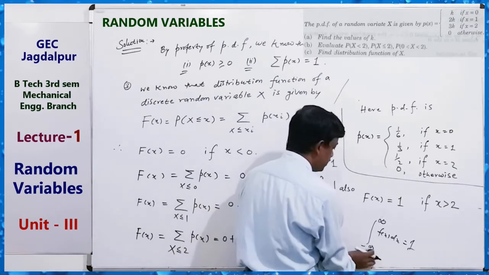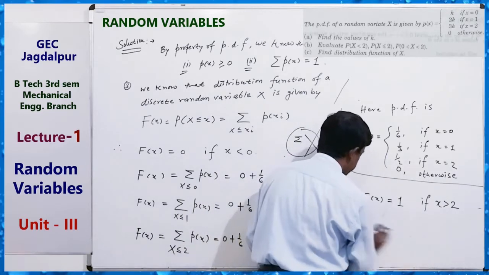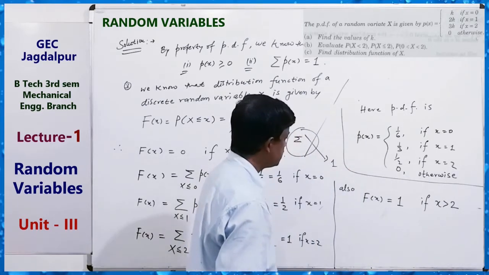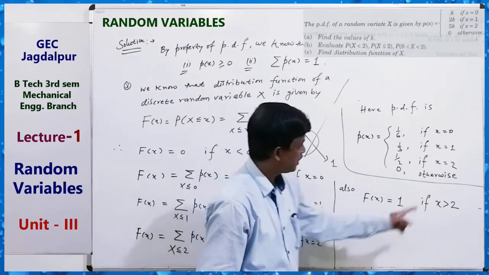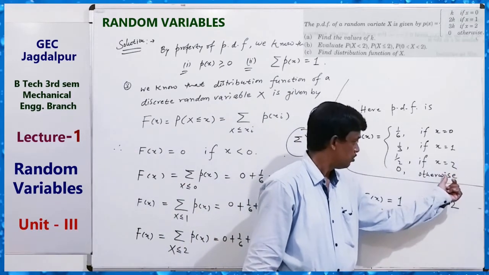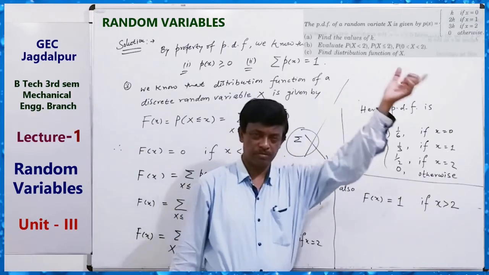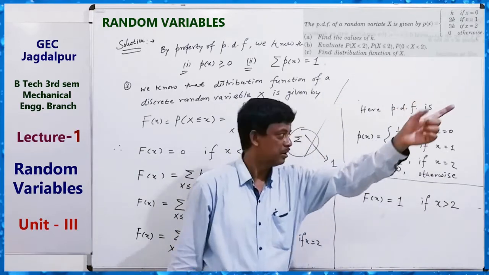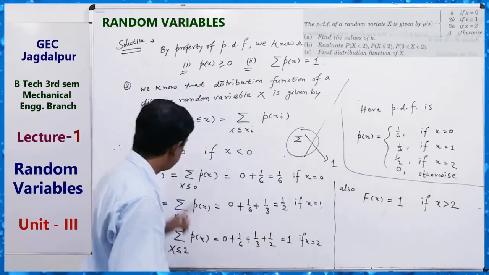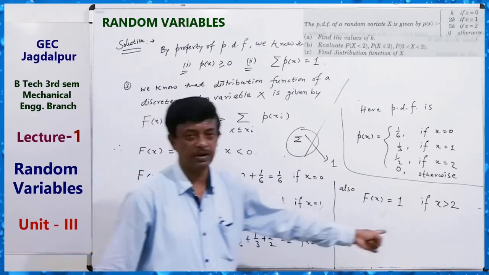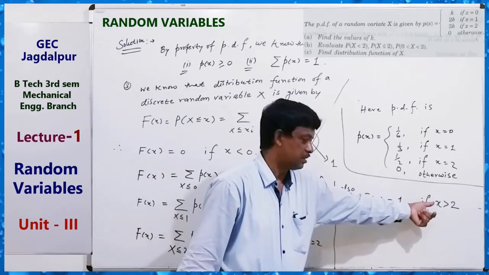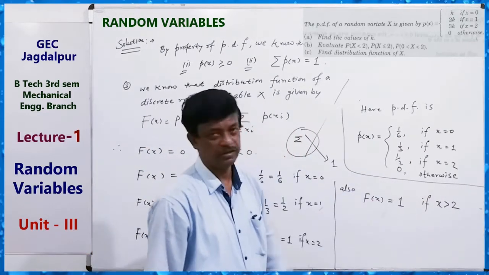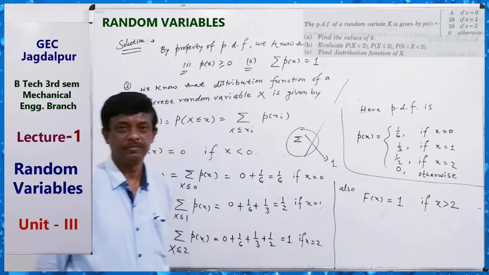And here we see that after the case x equal to 2, from the lower part to the upper part, up to x greater than 2, the total probability is 1.